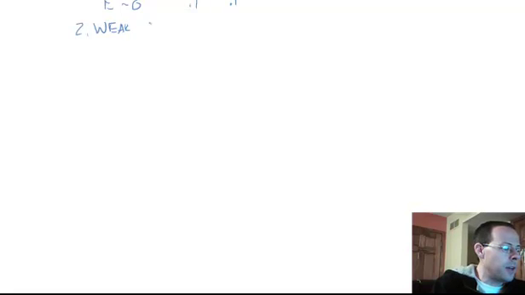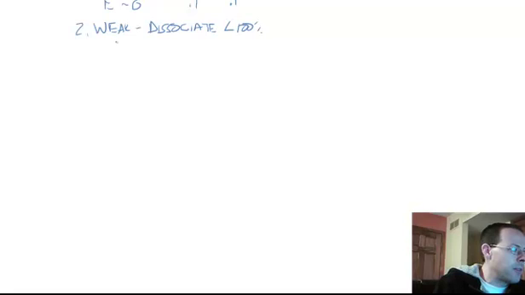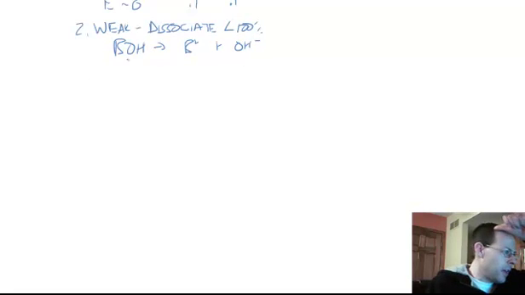So the other types of bases we can have are weak bases. Weak bases dissociate less than 100%. So again, if we had just a fake base, BOH, it turns into B ion and hydroxide ion, and let's say it's a 0.1 molar solution again.